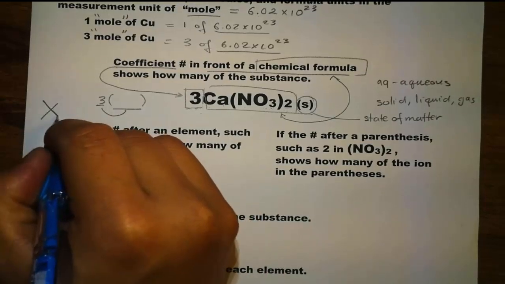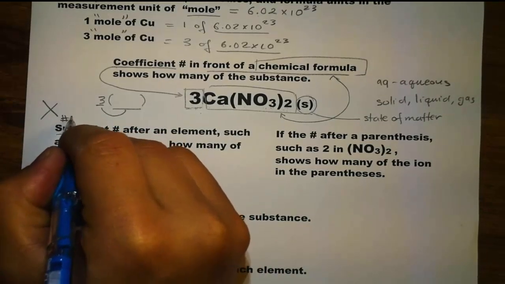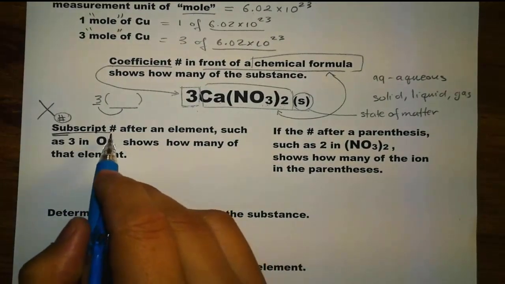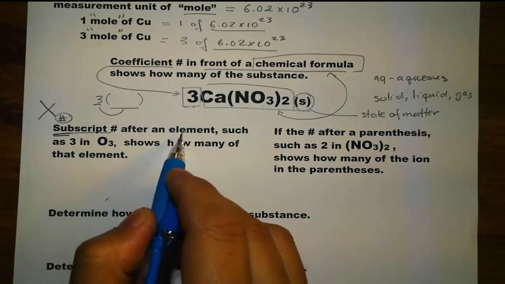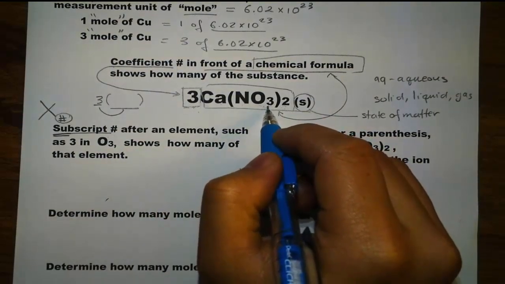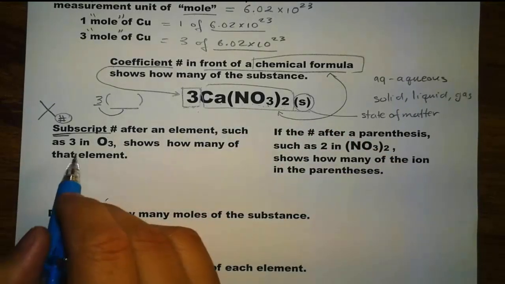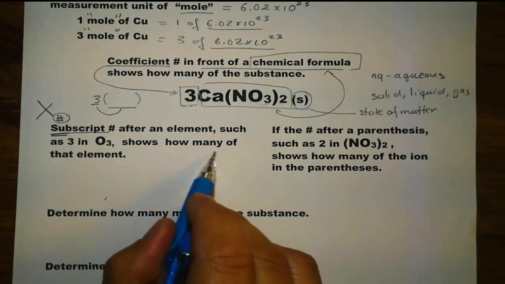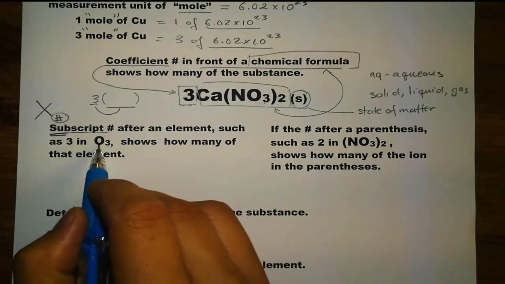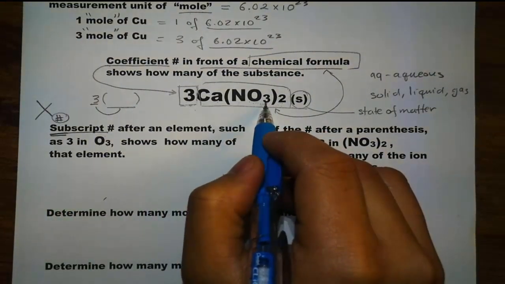So if we draw this out, that is called the subscript. Okay? So the subscript after an element, such as in O3 right here, see how the 3 is after O right there? It shows how many of that element. So in this case, it tells you there are 3 of oxygen.